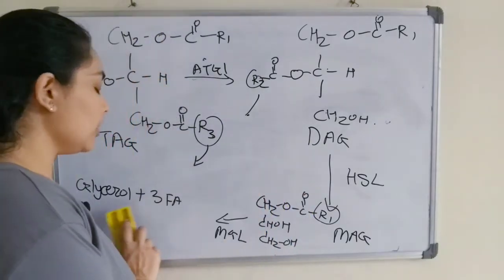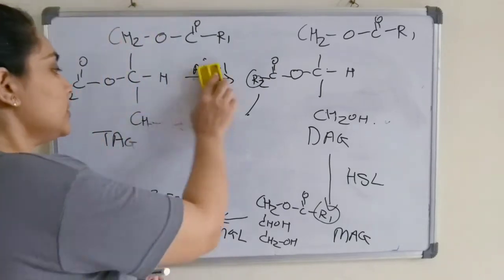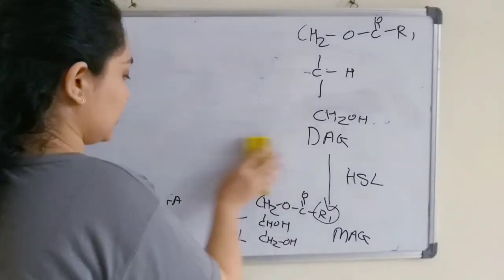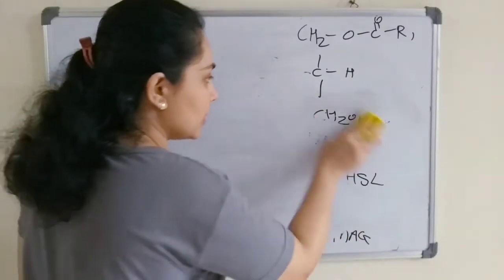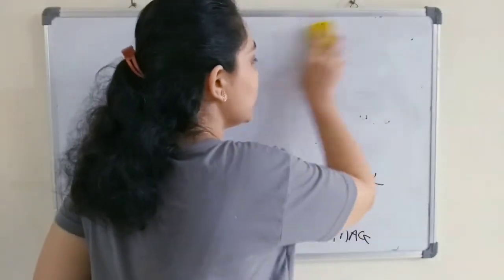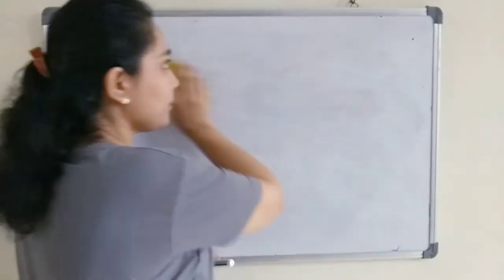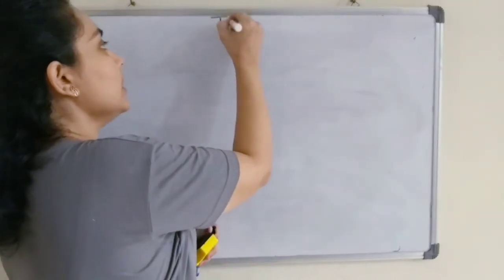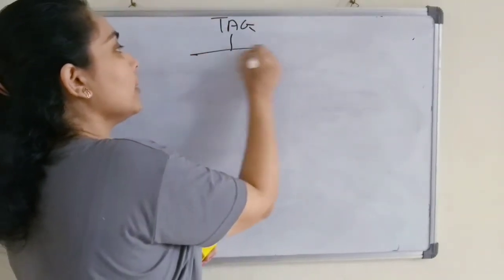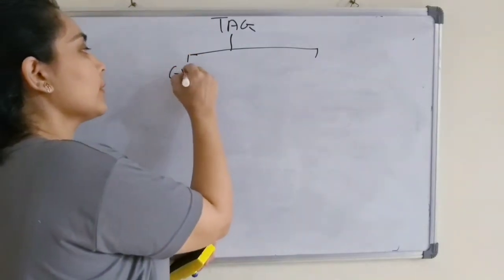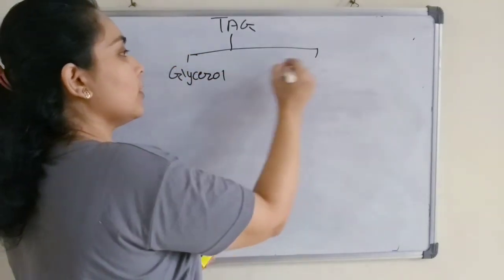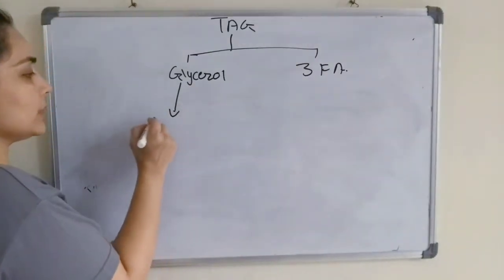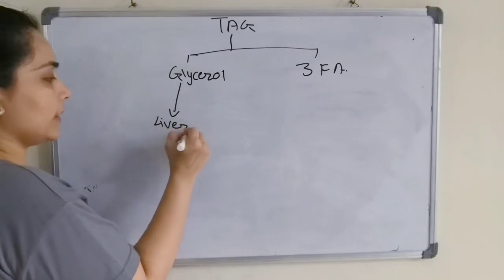Now what will be the fate of glycerol and fatty acids? Because we discussed that this process happens to generate energy during fasting and starvation. After breakdown of TAG we will get glycerol and 3 fatty acids. This glycerol will be transported to the liver.